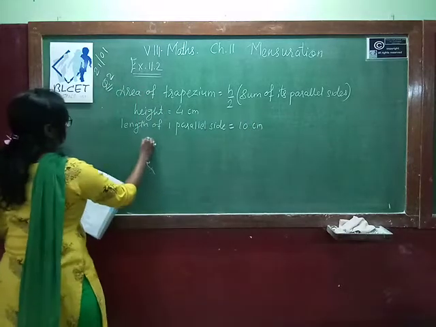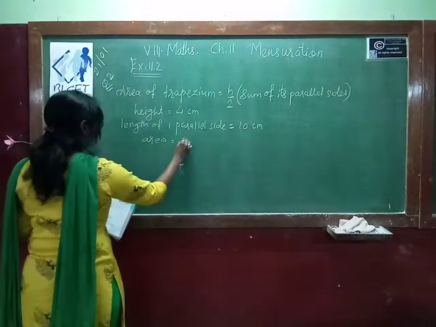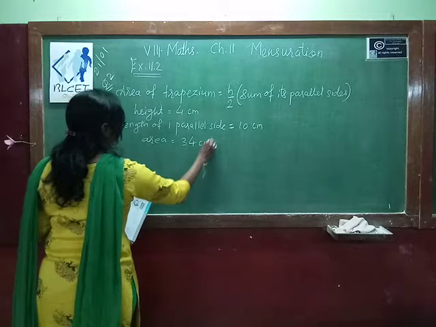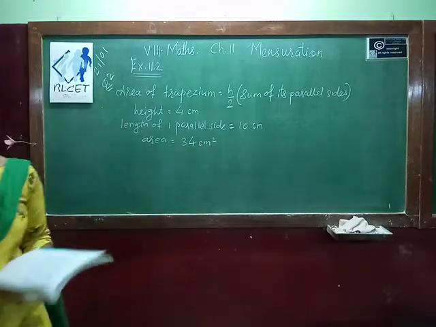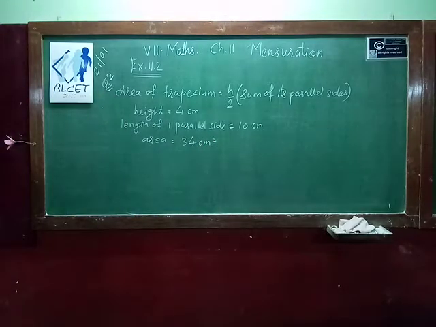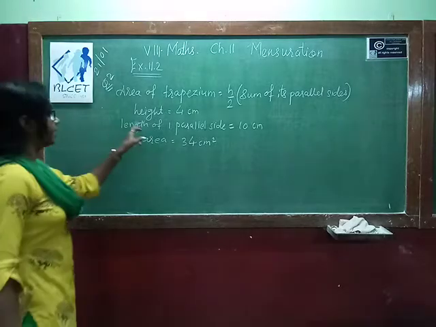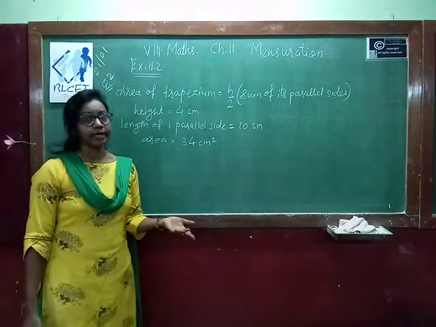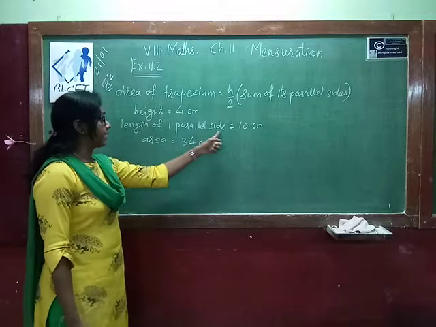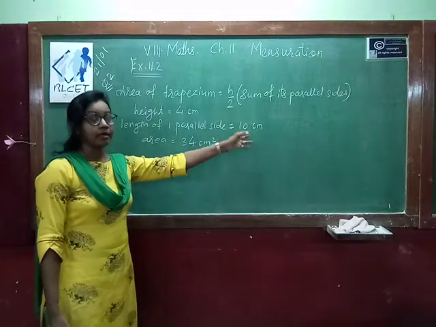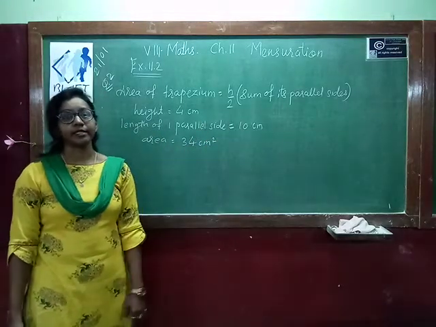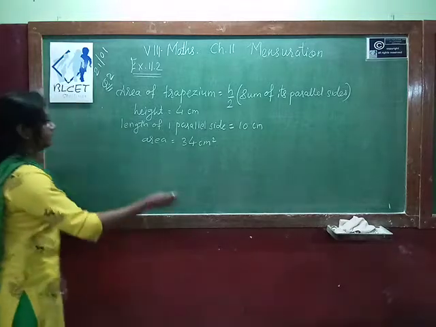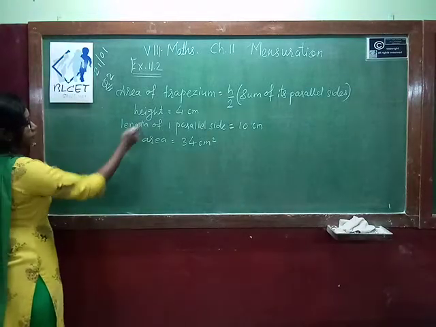And area is given, that is 34 centimeter square. Now, what is the question? Here we have to find the length of the other parallel side, because the length of one parallel side is given, that is 10 centimeter, but the length of the other parallel side is not given, that we want to find. So substitute the values.